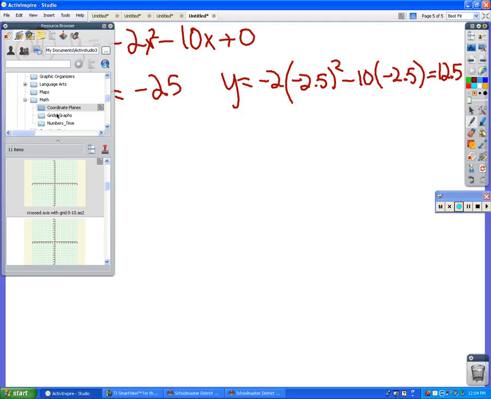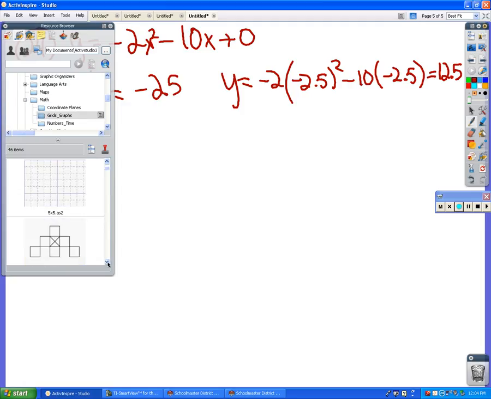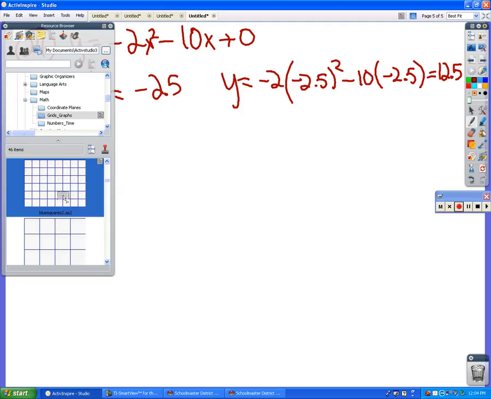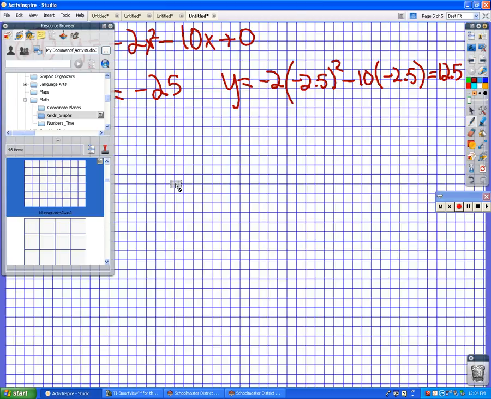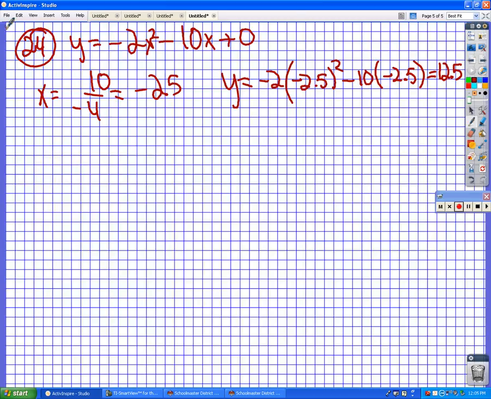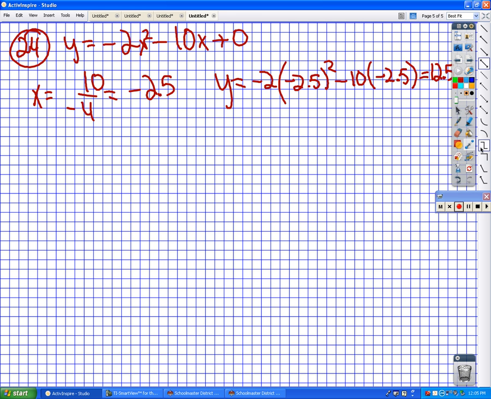So now when we graph this, I'm going to again need a little bit more space for my y-axis. You went by 2's? Okay, well, let's go by 2's then.